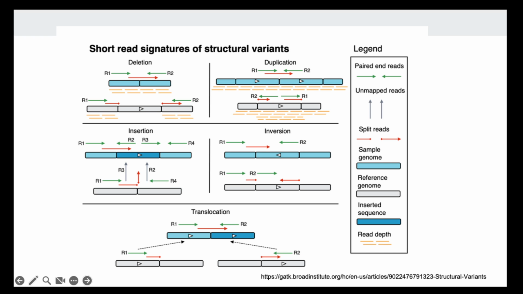So the only way to detect even an inversion, where you have an inverse of the 5' to 3' direction, or a translocation where one genome segment merges with a different genome segment, is if you have some reads that span exactly the junction.